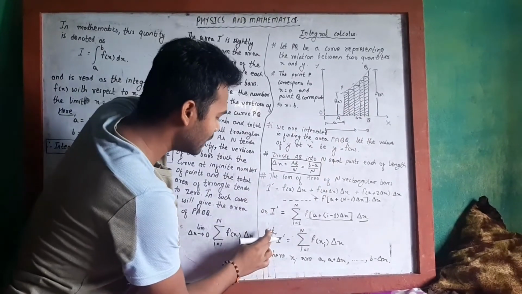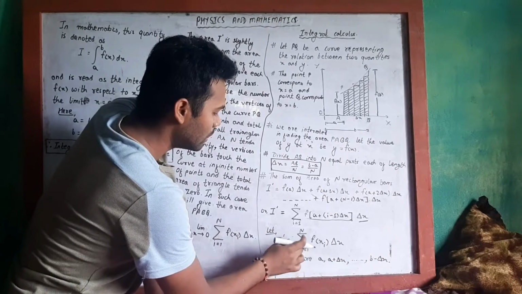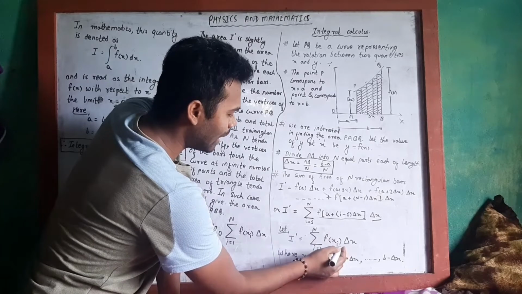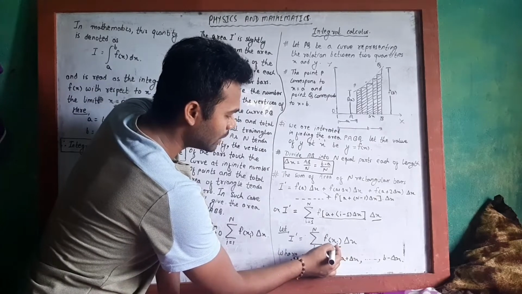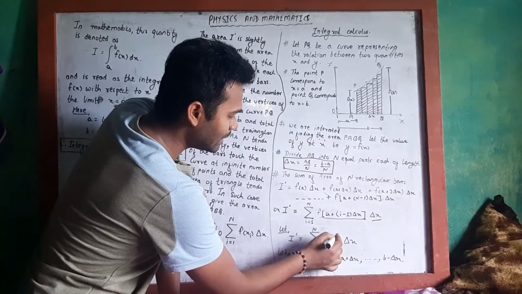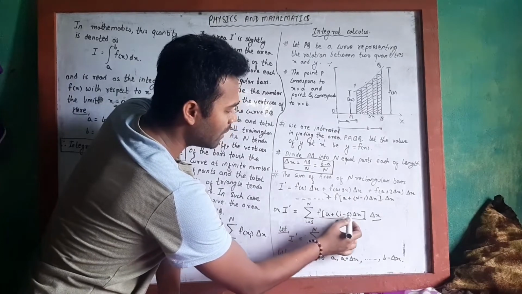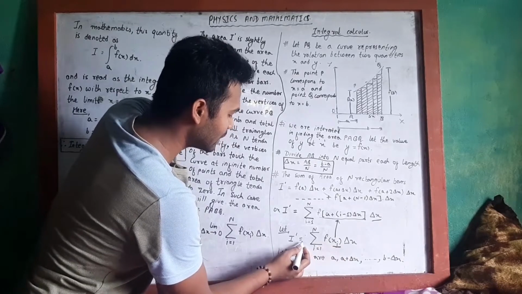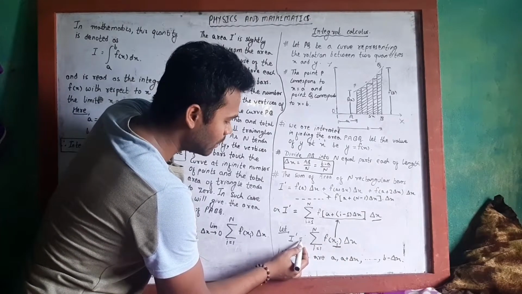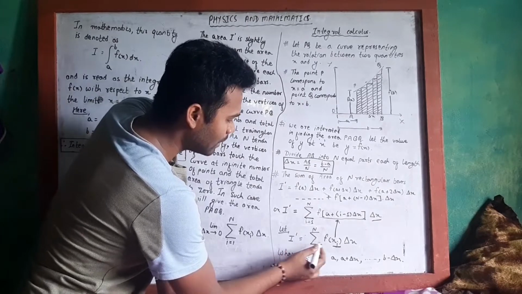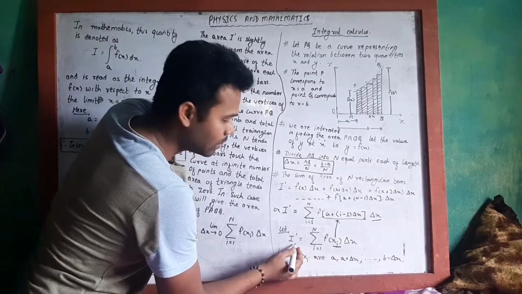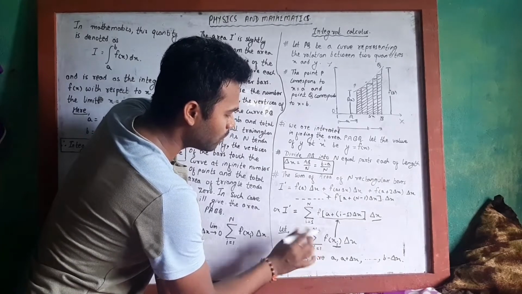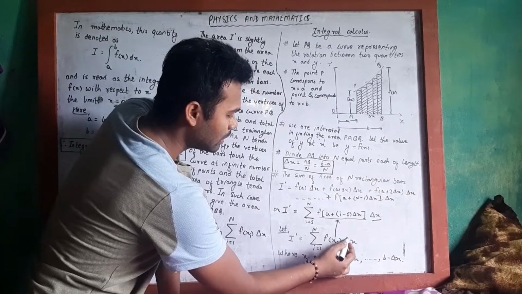Here let I dash equal the summation from i equals 1 to n of f(xi) del x. Here I have denoted xi as a plus (i minus 1) into del x. I have tried to simplify this equation as I dash equals the summation from i equals 1 to n of f(xi) into del x.